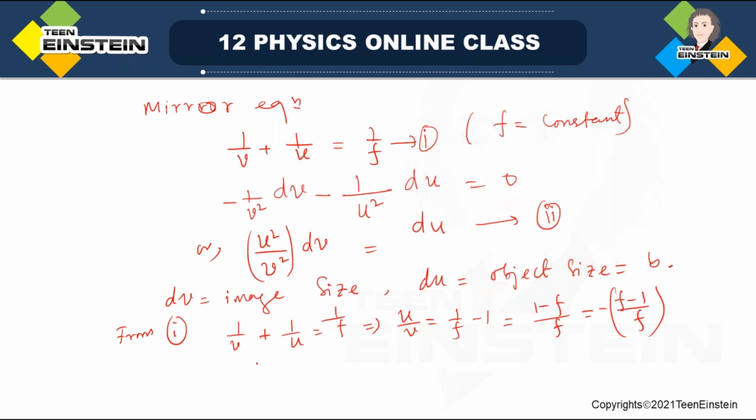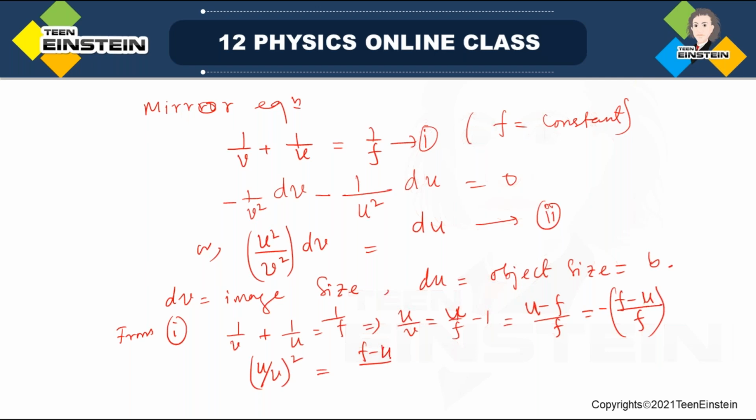All right, so now if we take the square of it, then what we get? There will be u multiplied here also, u by f, so u minus f. So this will be f minus u, if required.